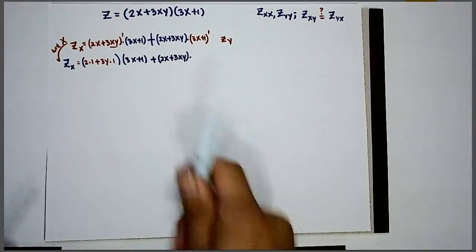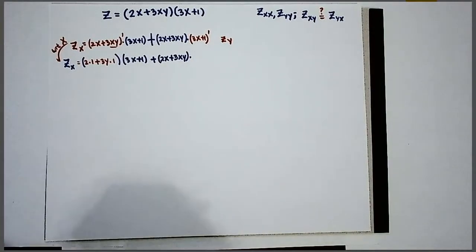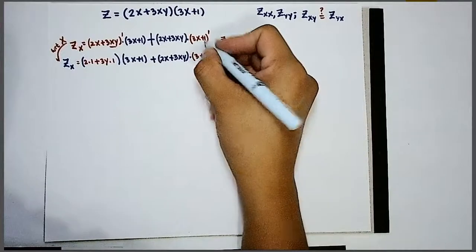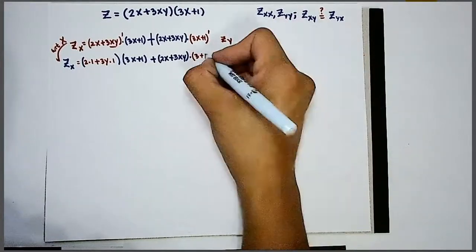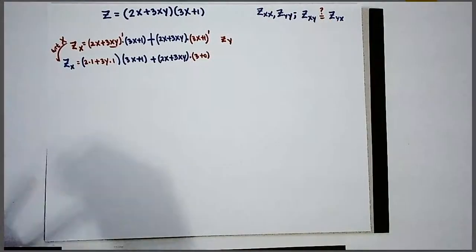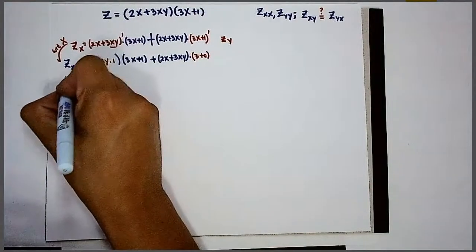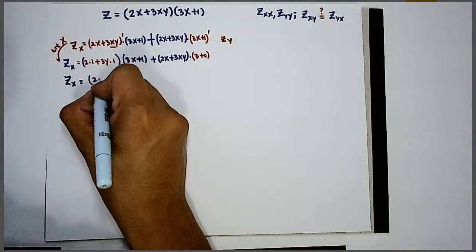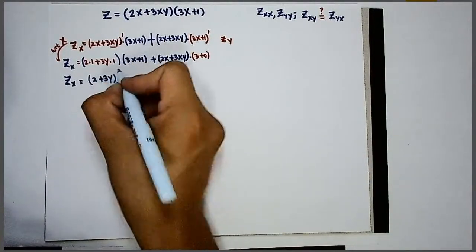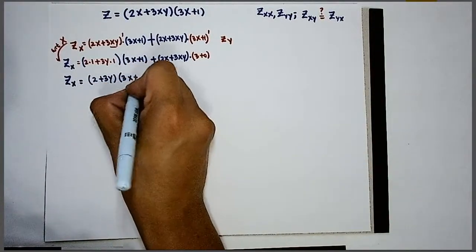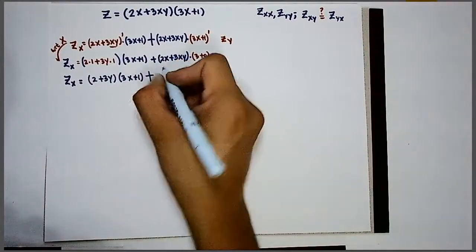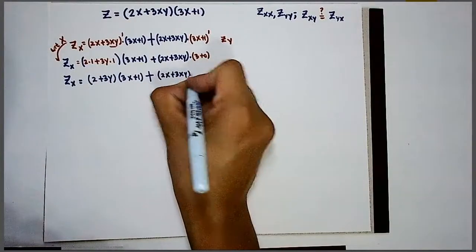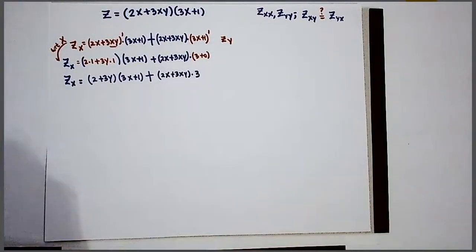Here the derivative of 3x with respect to x is simply 3, plus the derivative of a constant is 0. This means that zx is equal to (2 plus 3y) times (3x plus 1) plus (2x plus 3xy) times 3.